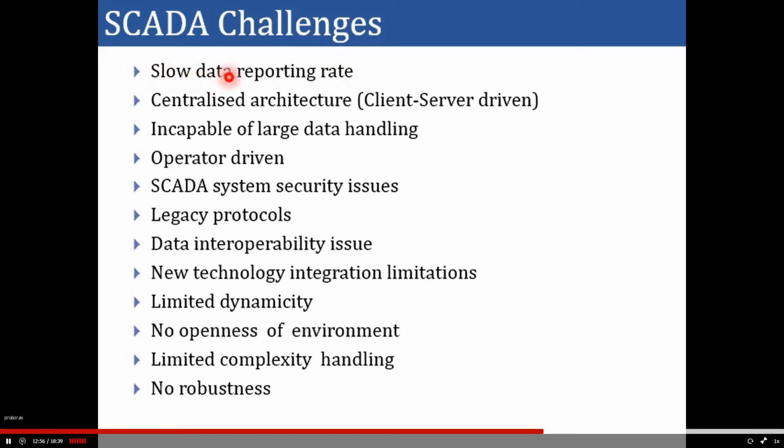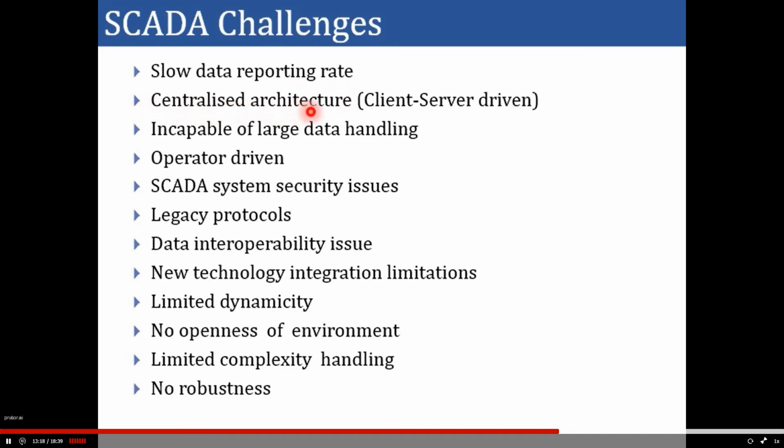So even if we report the data from RTU after every 5 seconds, we will not be able to do fast calculation, and we will not be able to visualize the system almost in real time and save our system from any possible blackouts. So this is one of the major challenges which we have in the SCADA system.